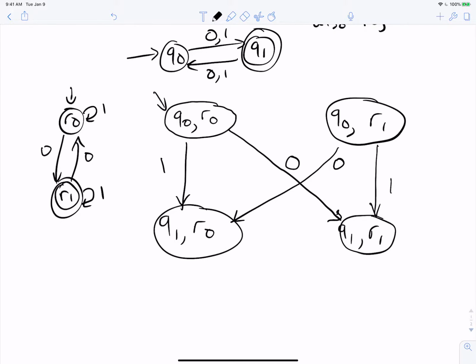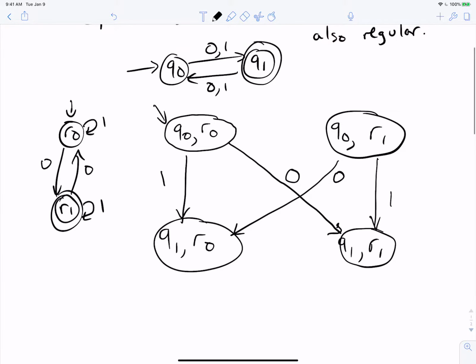So in Q1, R0, the bottom left state, what do we do on input 0? Well, you notice here that the Q states always go between the rows, because in the original machine, it just goes back and forth no matter what. So no matter what's going to happen, we're going to go up to the Q0 row. Originally we were in R0, but on input 0, that takes us to R1.